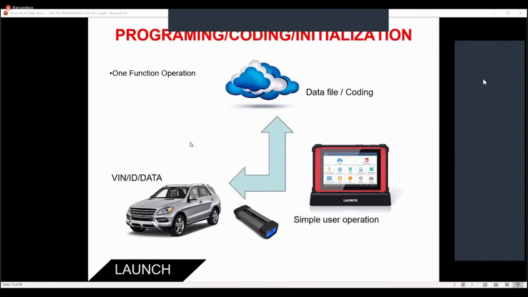Now, it's simple. The online programming and initialization is done by the cloud. The cloud server is doing a lot of the work for you. All you're basically doing is connecting it to the vehicle and making sure that the data, VIN and ID of that vehicle is read. Then the server will do the work for you and send the file that is needed to do that programming for that module.